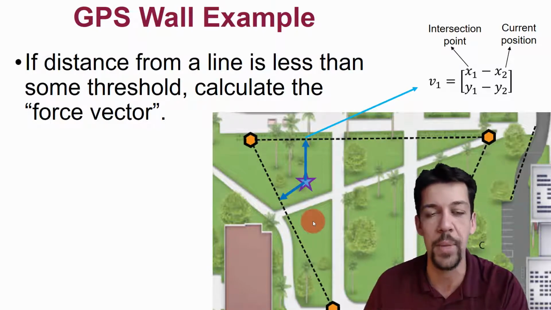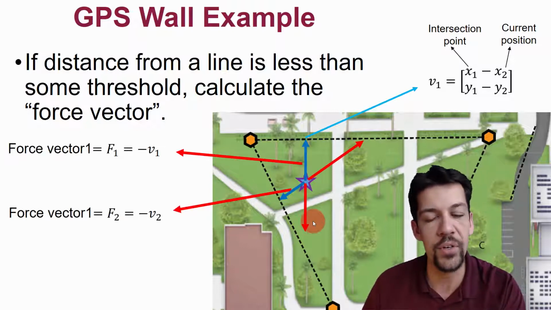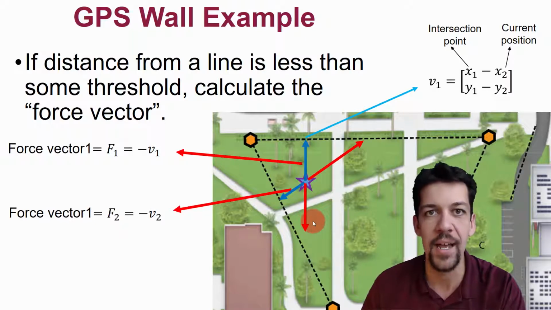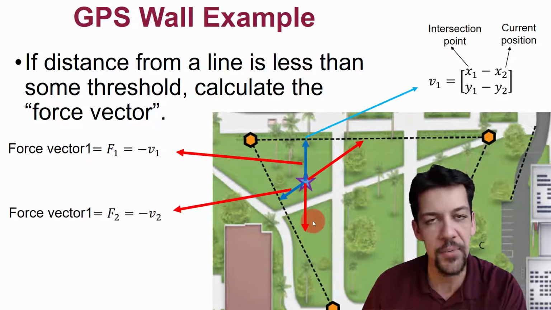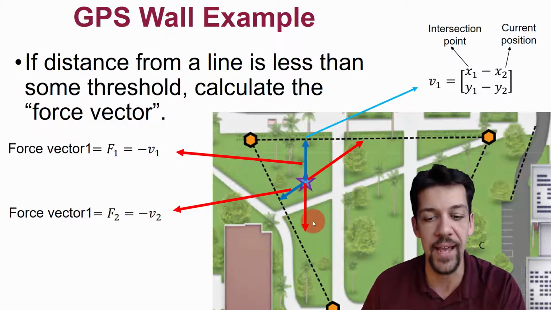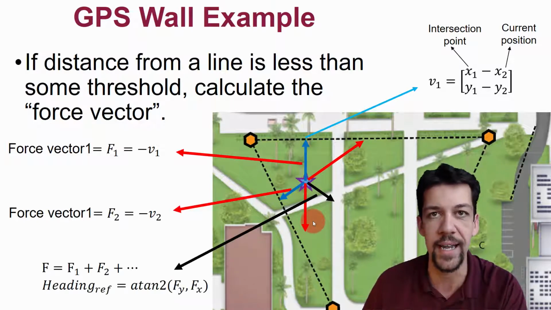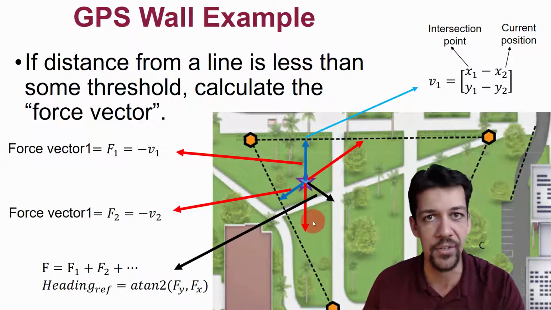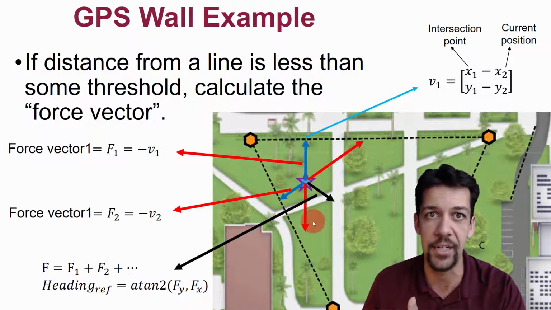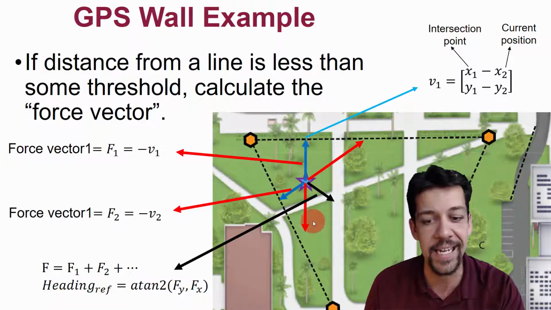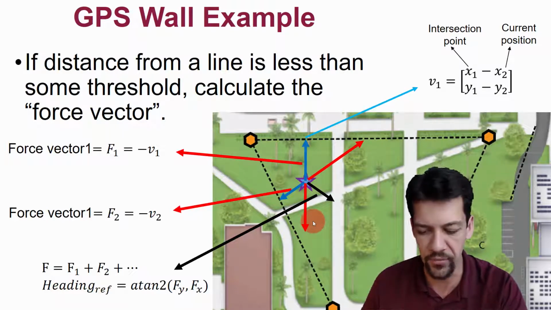Then, because these boundaries are obstacles, we want to flip them around. So we create a force vector that pushes us away from the obstacle, and we then use those vectors to calculate a resulting vector by adding those up. This is a vector addition, and that gives us a heading that we can drive away from the location.